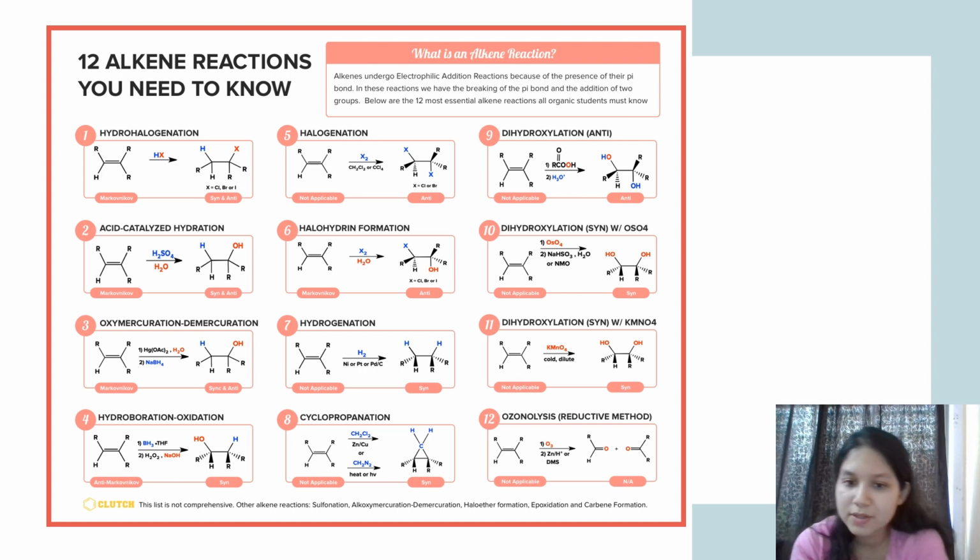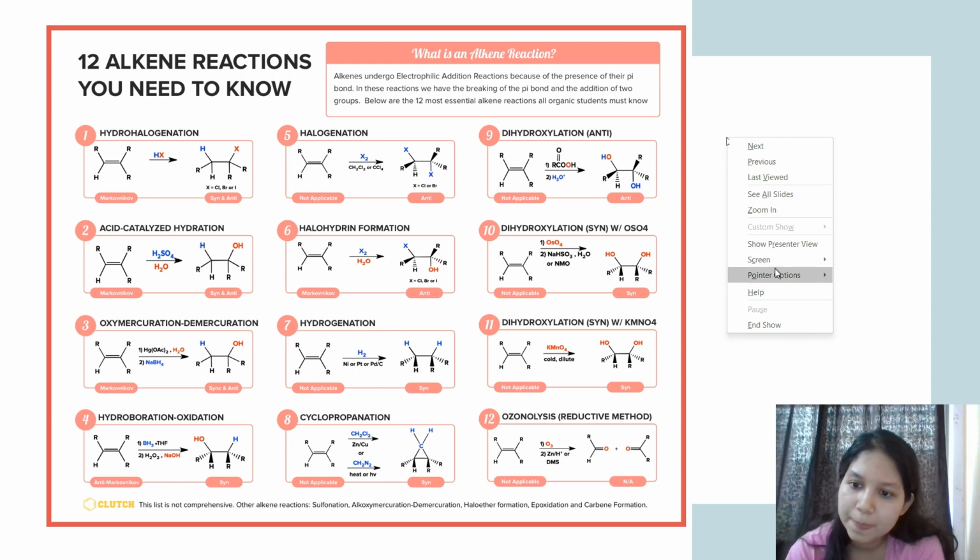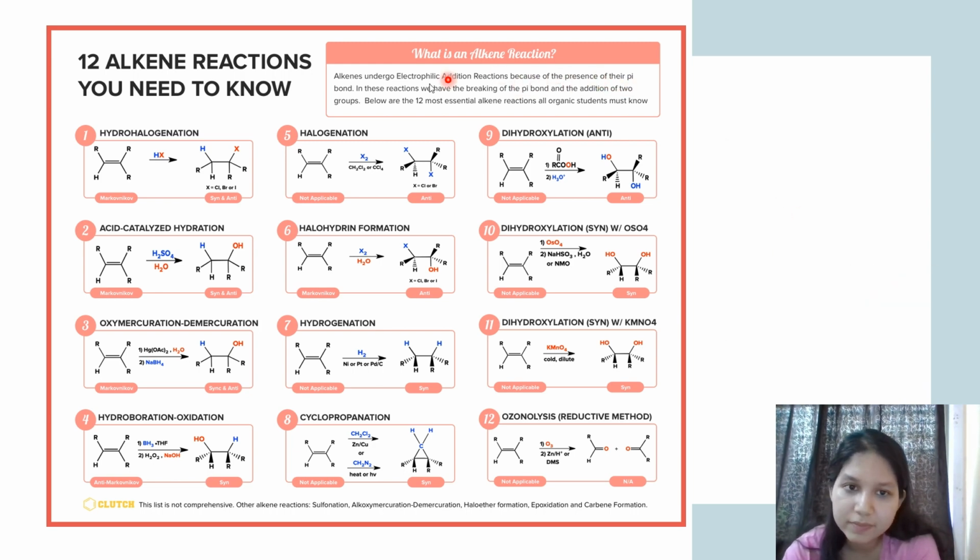A number of reactions they undergo because an alkene mostly undergoes electrophilic addition reactions because of the presence of its pi bond. Okay, the pi bond is highly reactive, and in these reactions you can see breaking of the pi bond and the addition of 2 groups across the pi bond. Okay, so this kind of reactions an alkene can undergo.